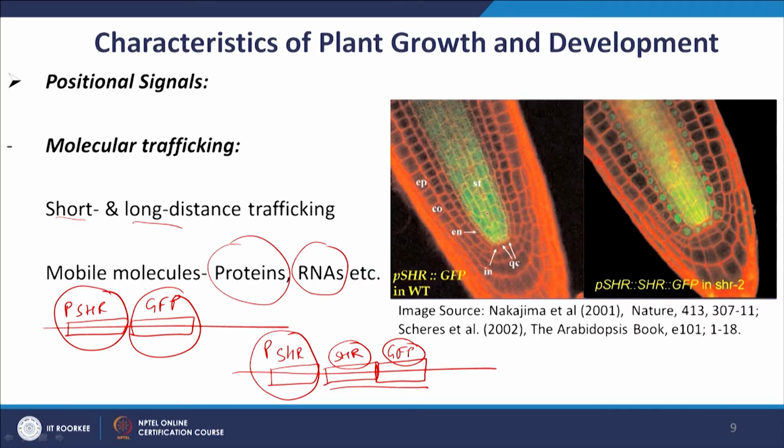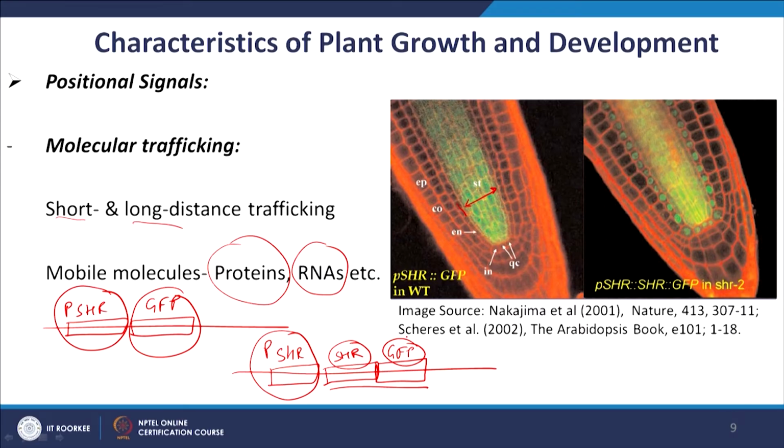This is the root tip. This layer is endodermis and this entire inner part is the vascular tissue. The signal is only in the vascular tissue, which means that the short root promoter is actively transcribing only in the vascular tissue, and proteins are being made only there.